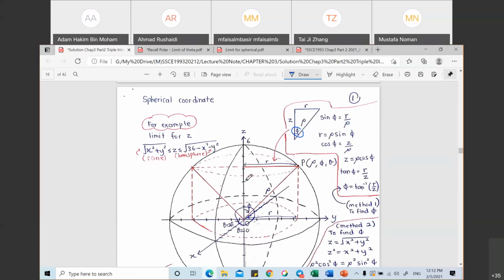It's different. So now we will consider the angle from the vertical. Okay, and then we have Z equals rho cos phi.